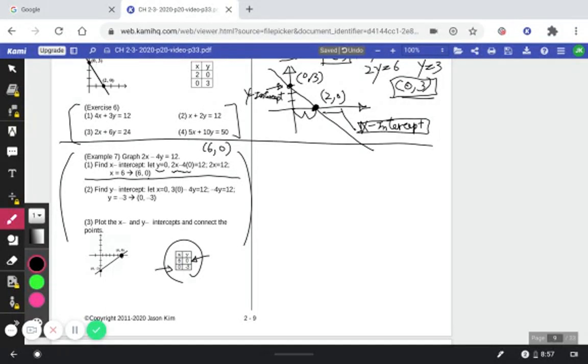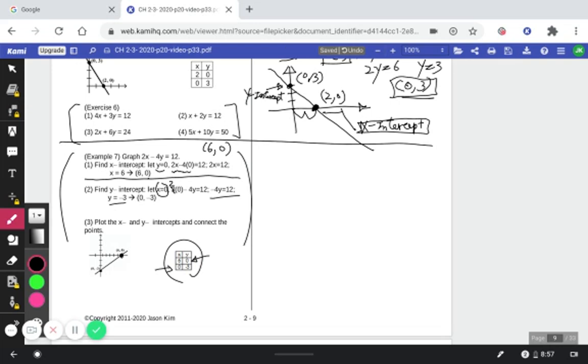Next one is to find the y-intercept, which means where the line passes through the y-axis. You replace x as 0 in this equation. Okay, so 2 times 0 minus 4y equal 12, then negative 4y equal 12, y becomes negative 3.